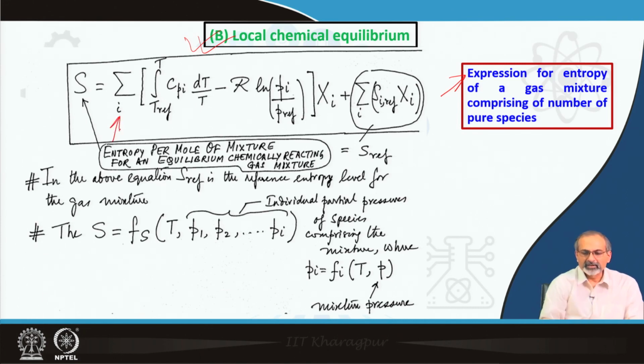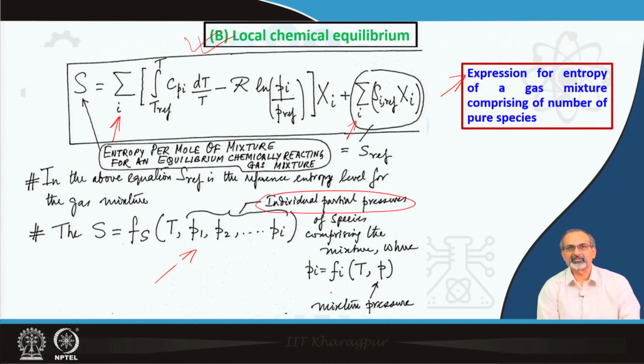Therefore, we had derived the expression where contributions of a number of species were taken, under the summation sign indicated by i, and we see that the entropy basically comes out as a function of temperature as well as the individual partial pressures of the species in the gas mixture. So, we have to move closer to obtaining the properties of the gas mixture. Till now we have gone some distance, but in this week, as I said earlier, we have to focus on that.